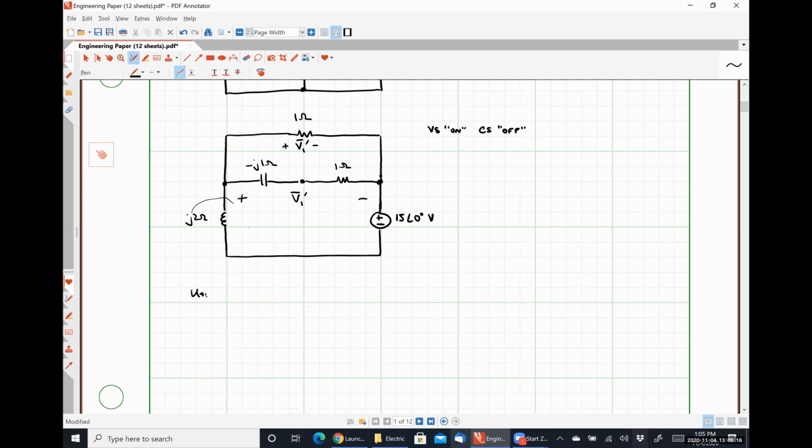So using voltage division, I'm going to have V1 prime equal to 15 angle 0 degrees volts. What should be in my numerator?